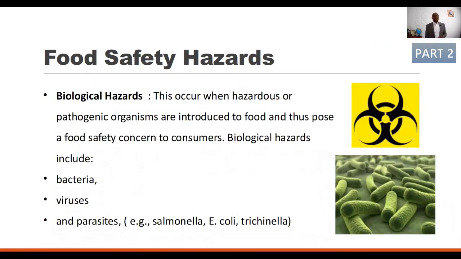But the first one is the biological hazard. Biological hazards occur when hazardous or pathogenic organisms are introduced in food and thus can pose a food safety concern to consumers. Now, biological hazards include bacteria, viruses, and also parasites such as E. coli, Trichinella, or Salmonella.